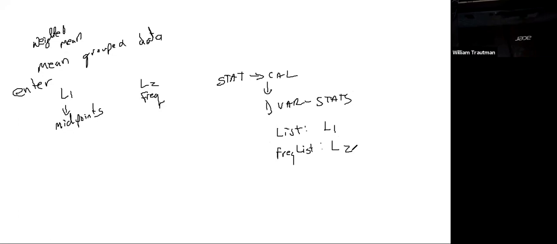Frequency list always goes, put L2 in there. Remember, we put L2 in there by hitting the second number 2, which is the L2 button, and then calculate. And we get 24.5 for this problem.